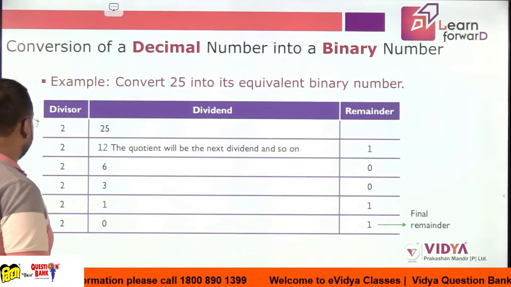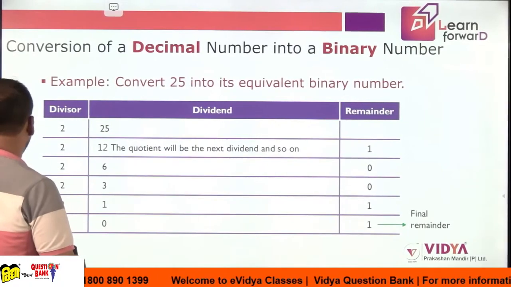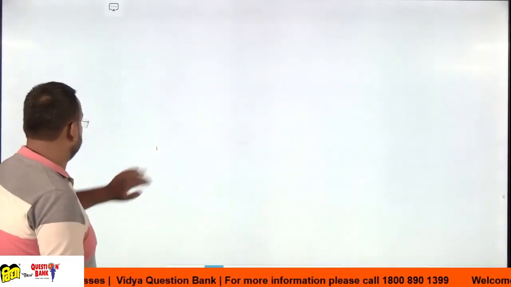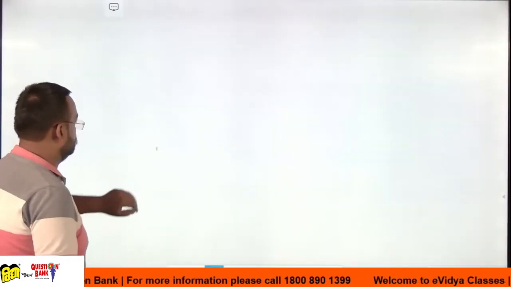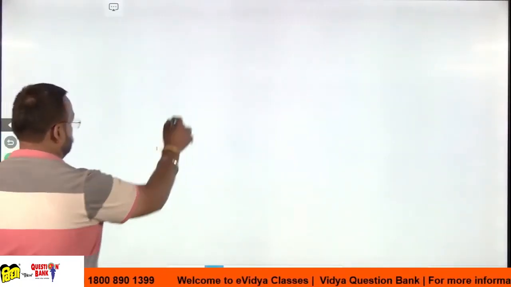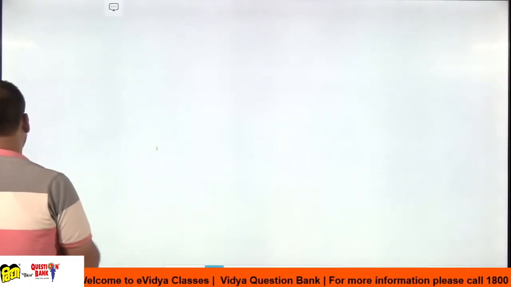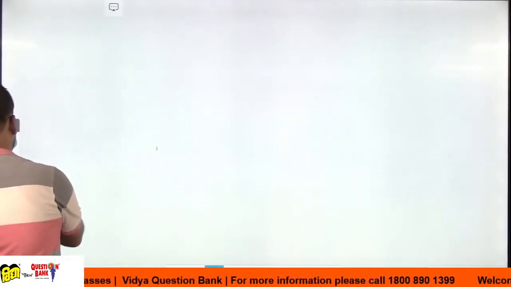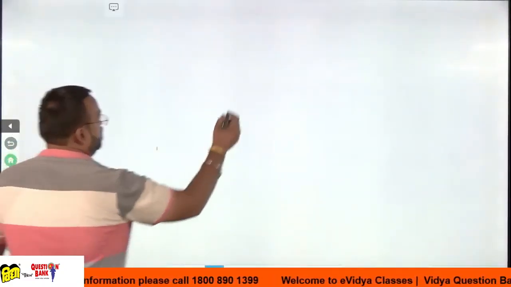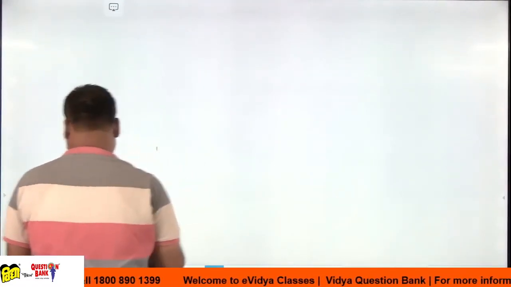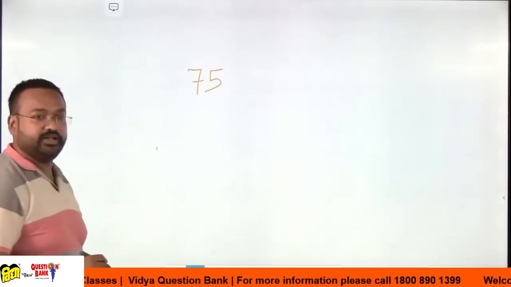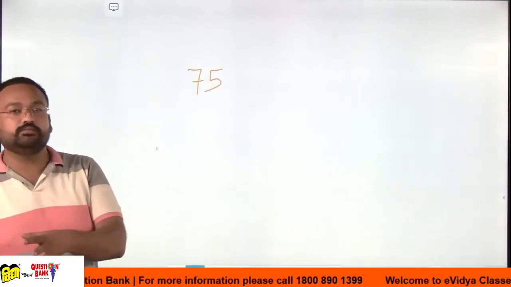Okay. So let's see one more example. Let's say we have a number 75 and we have to convert it into a binary number.